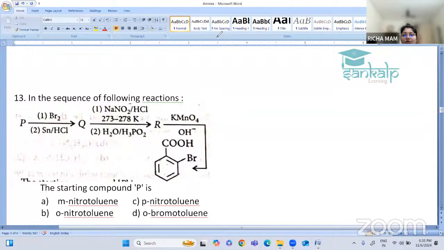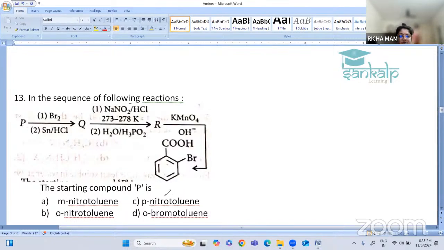So how are we going to solve this? The last product is a bromo substituted benzoic acid, right?